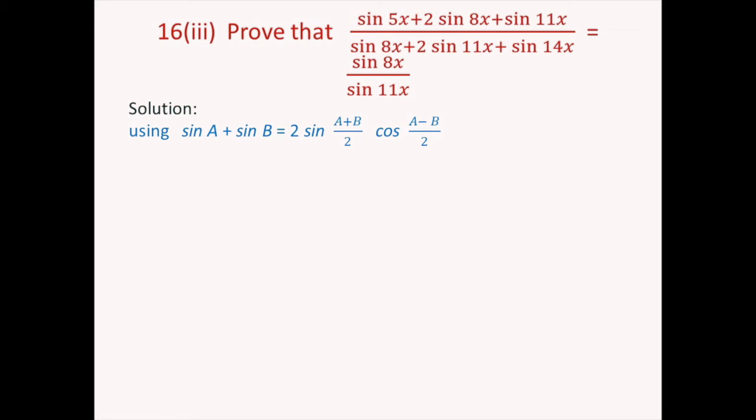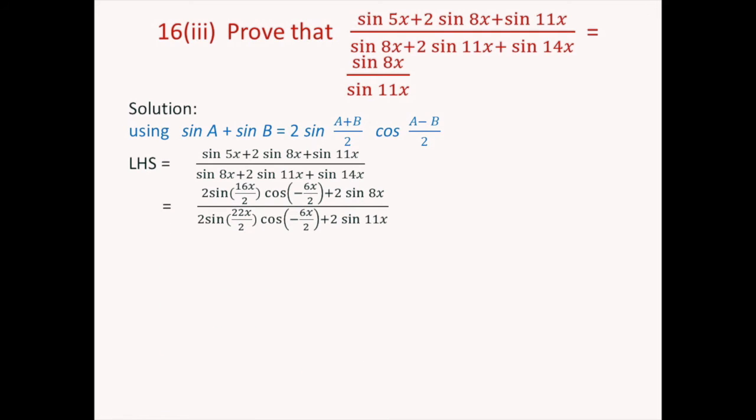Now in this question, the identity which is to be used is sine of a plus sine of b, giving you 2 sine of (a plus b) by 2 cos of (a minus b) by 2. Now in this question, I am going to pair up sine 5x plus sine 11x in the numerator, and in the denominator sine 8x plus sine 14x.